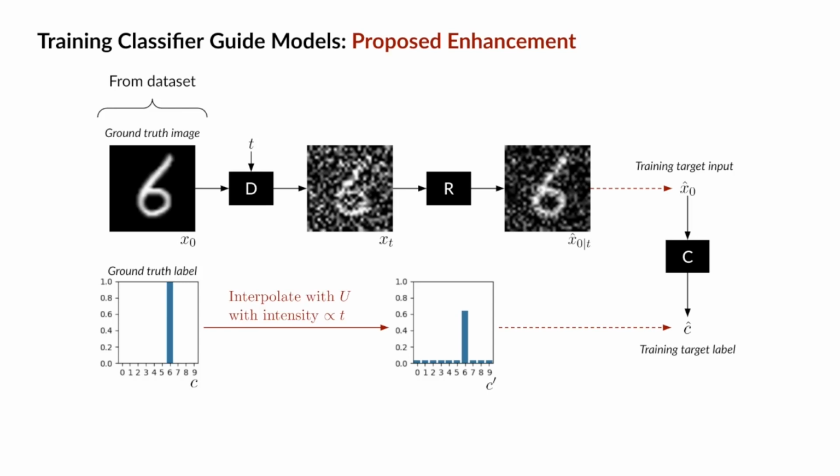This follows the idea that the more we degrade a ground truth image, the less refined the reconstruction is going to be, and thus we are teaching the classifier to be less certain in those cases. So with higher t, we're teaching the classifier to be less confident.